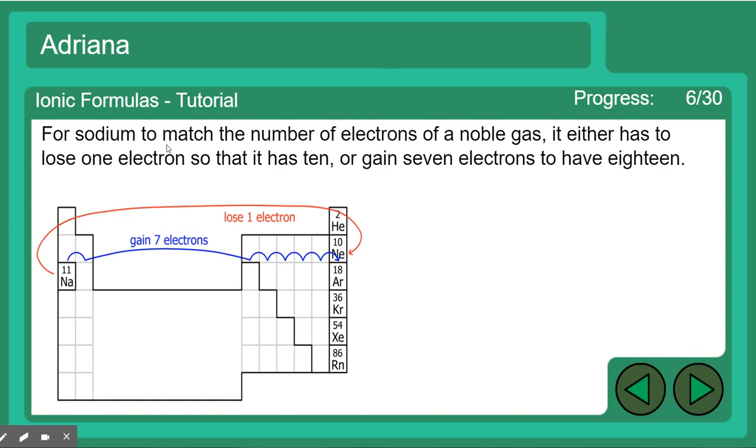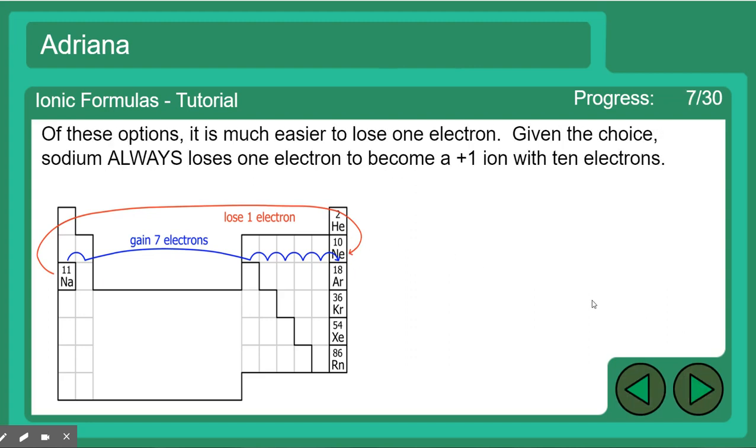So there are two ways that sodium can match the number of electrons of a noble gas. It can either gain 7 electrons, going from 11 electrons to 18, like argon, or it can lose 1 electron, to have 10 electrons like neon. Out of these two choices, which do you think is more likely to happen?